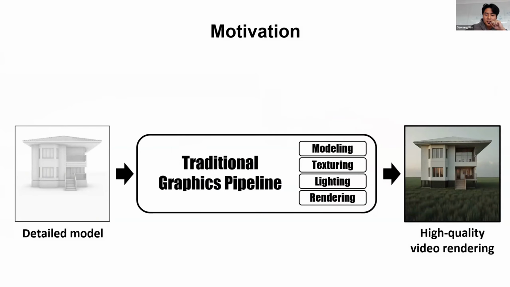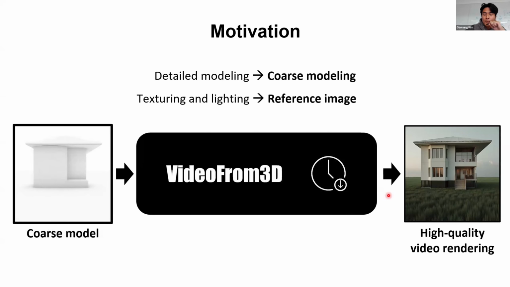This entire process is extremely time consuming and requires a high level of expertise. So in Video from 3D, we enable users to use coarse modeling, not detailed modeling, and use reference images rather than texturing and lighting. As a result, this method can significantly reduce the resources and task complexity when producing a scene video.